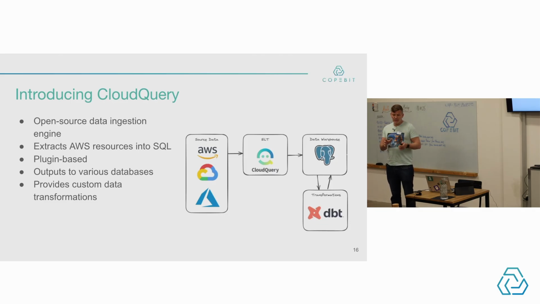You run the container and give it a bunch of YAML files for sources and outputs. You can also do some custom data transformations. What you get out of Cloud Query is a boatload of tables if you use the SQL backend, and then you can use transformations that create views or materialized views, so it's easier to look at all the data.